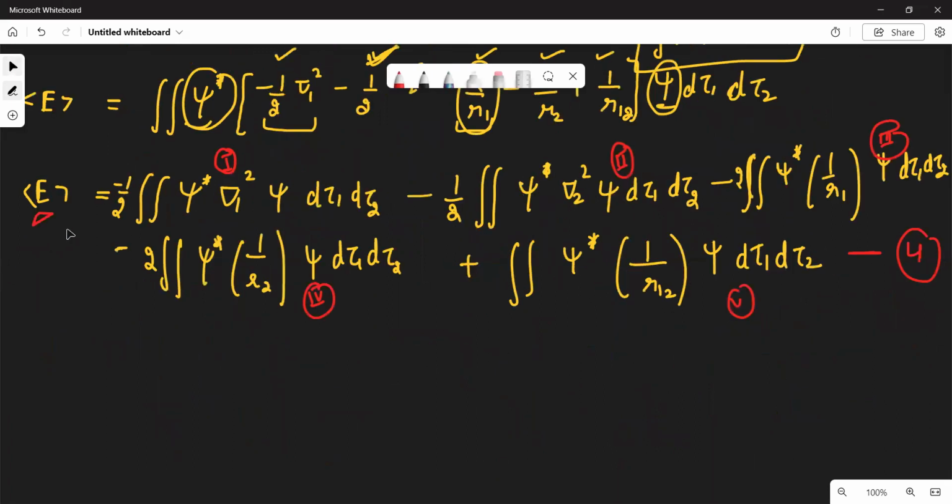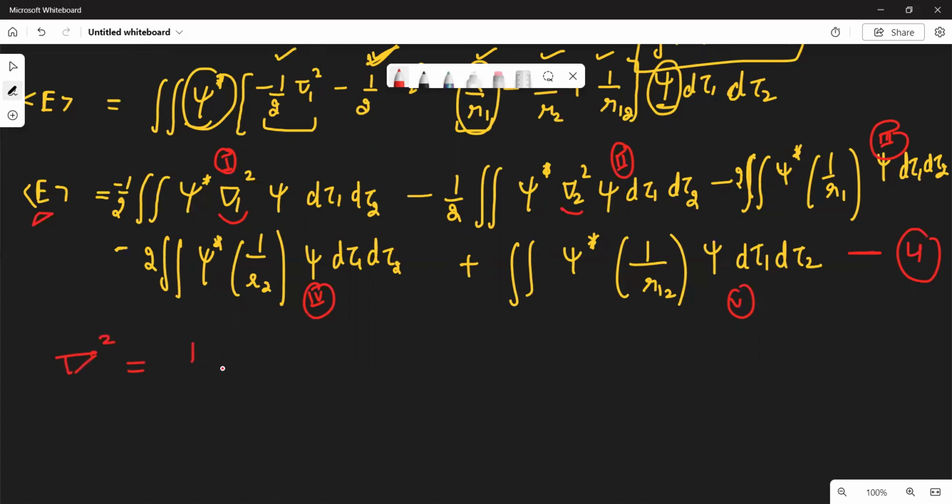Now to solve the first integral, we require del 1 expression, del 2 expression. So del 1 and del 2, these are Laplacian operators, right? But here we cannot use the Laplacian operator in terms of Cartesian coordinates. So here we will use Laplacian operator in the polar coordinates. So the expression I'm writing here, del 1 square, I'm writing for del square.